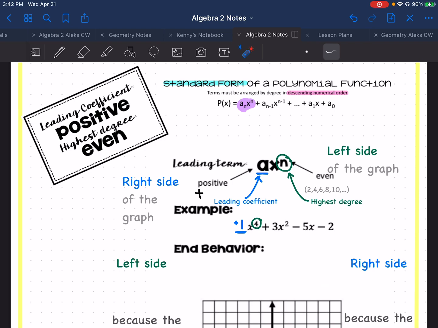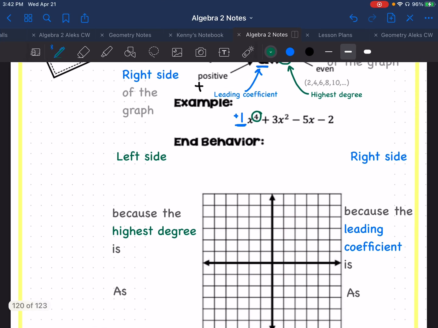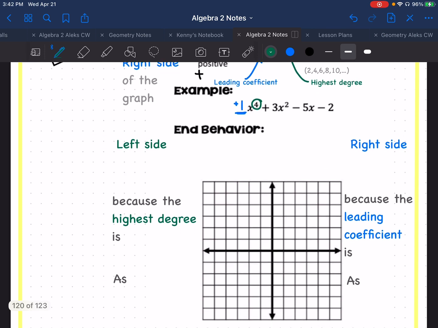All right, so what's going to happen? Well, the right side of my graph is going to rise. It rises. It's going to go up. It's going to look something like this. Okay? This is because my leading coefficient is positive.